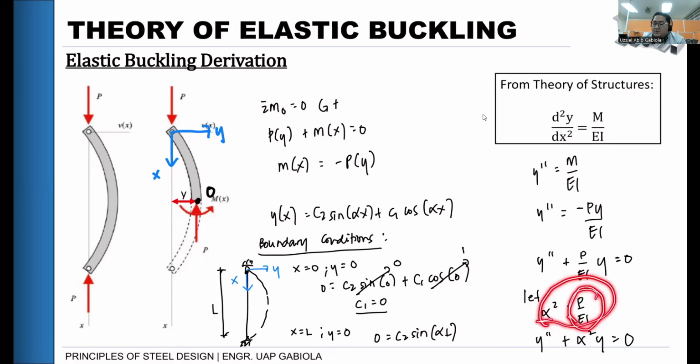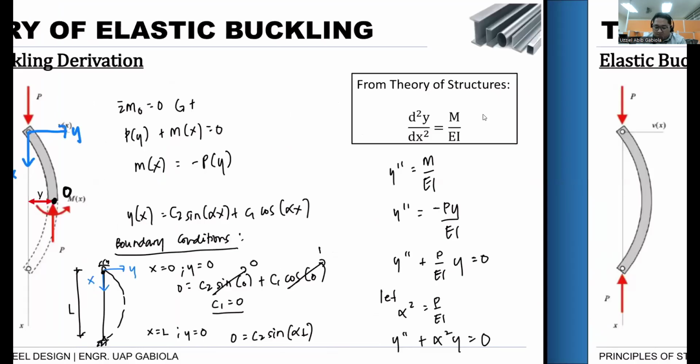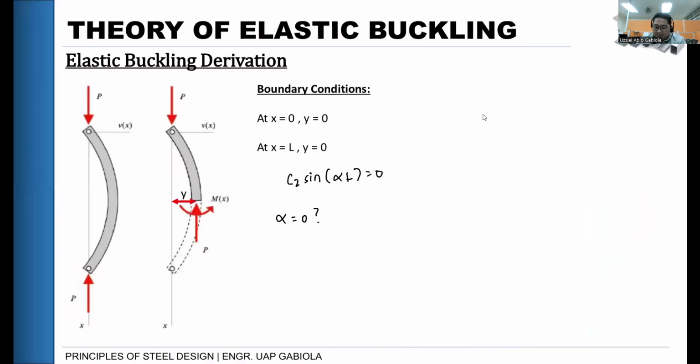So ibig sabihin yung loading natin, okay? Over yung rigidity niya. So kung isa-set mong 0 yung alpha, ibig sabihin wala tayong loading na pinag-uusapan. So trivial 'yun kasi kung walang loading, walang deflection. So ibig sabihin hindi puwedeng mag-0 si alpha, kasi kapag nag-0 siya, it means wala tayong loading.